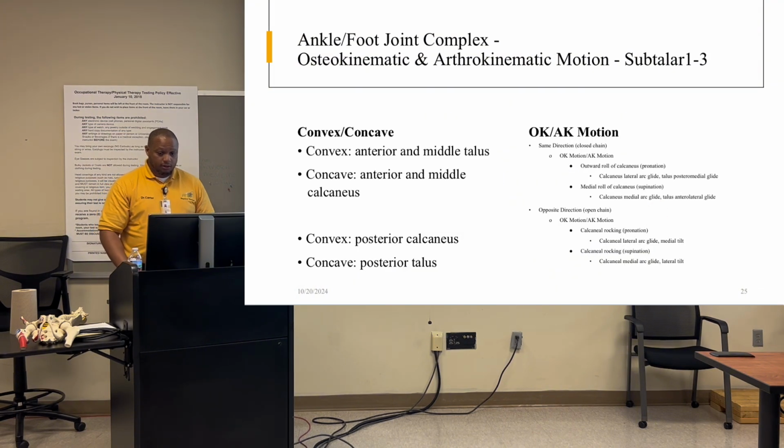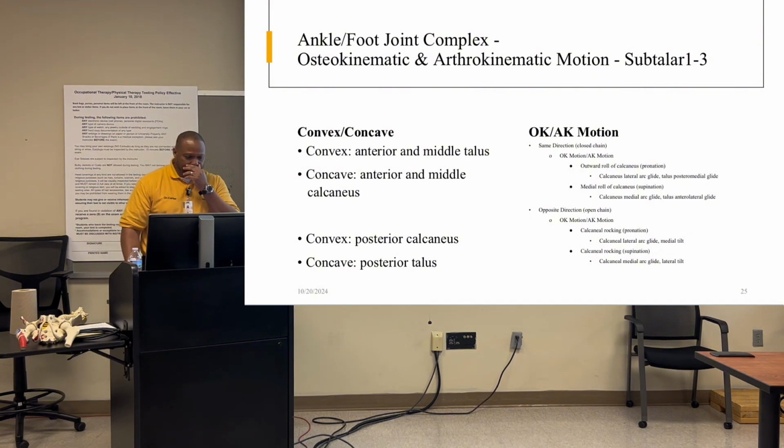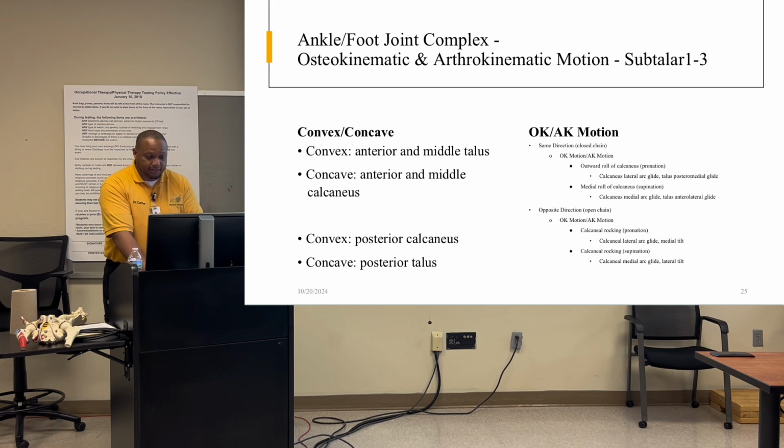All right. Now we're moving on to the subtalar joint. So the subtalar joint is interesting because it has all kinds of articulations. We have a convex anterior and middle talus, and we have a concave anterior and middle calcaneus.